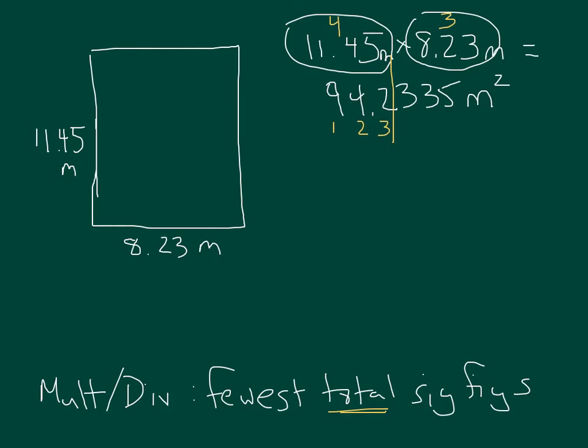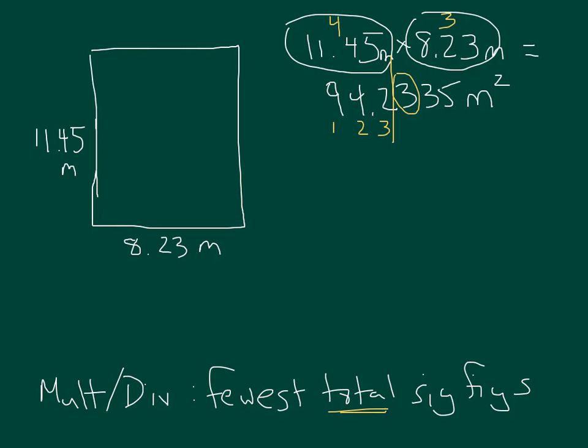The number right now is 94.2335. We know we're going to need to round it to 1 decimal place. So if this number here, in this case it's 3, was 5 or greater, we would round it up to 94.3. Since it isn't, we're going to keep this at 94.2.